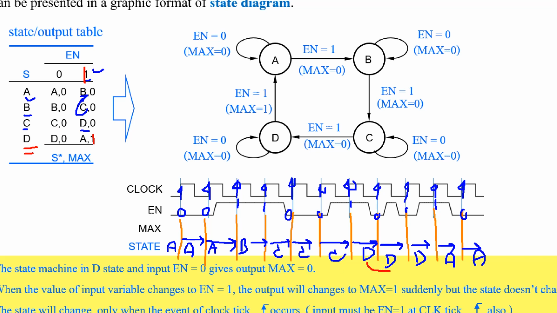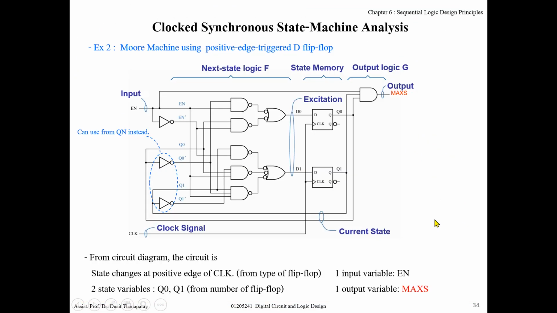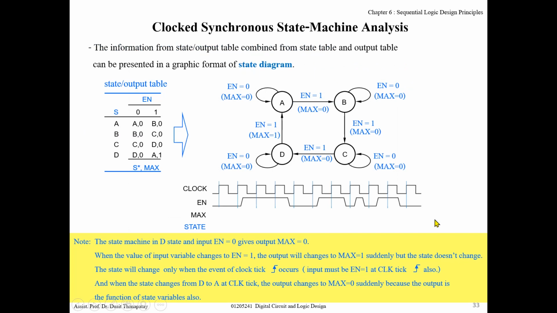So state D here and in is 1 here, right? So output is 1 just here, okay? And the others are 0, something like this. Okay, that's all. So you can determine the result easily like this.